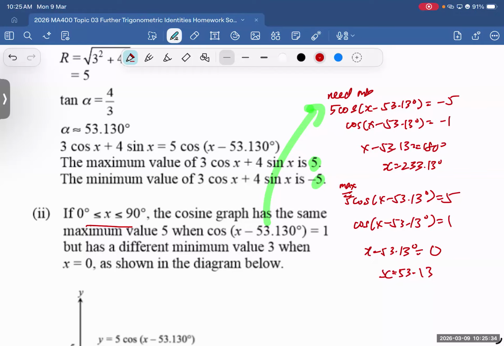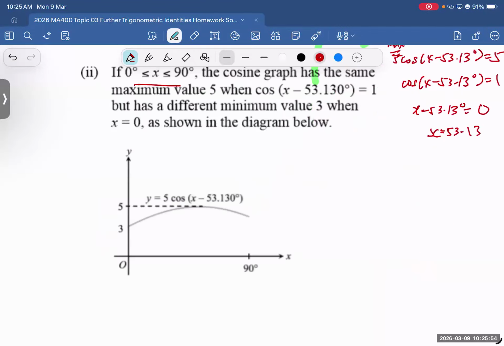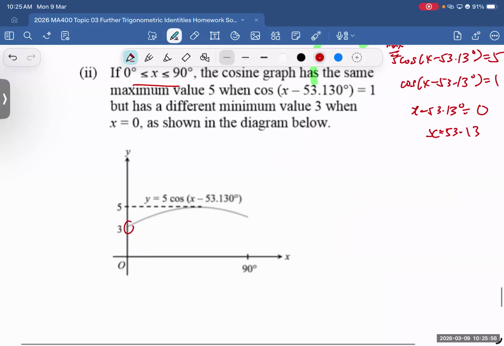How do I know the minimum is 3? Because this one is the same as 3 cosine x plus 4 sin x, before our formula came into effect.